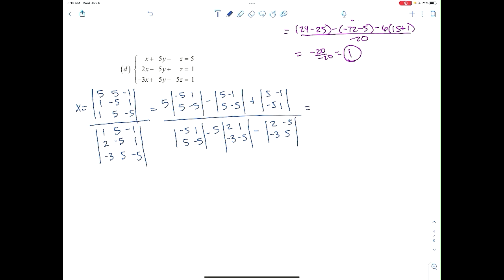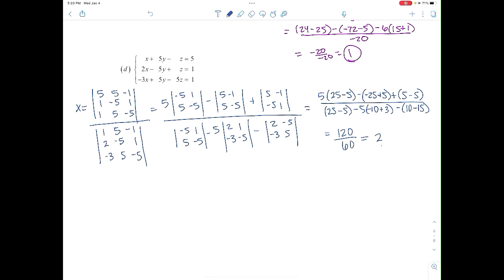This will give us 5 times 25 minus 5 minus negative 25 plus 5 plus 5 minus 5 over 25 minus 5 minus 5 times negative 10 plus 3 minus 10 minus 15, which is going to be 120 over 60, which is 2.